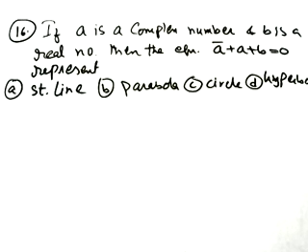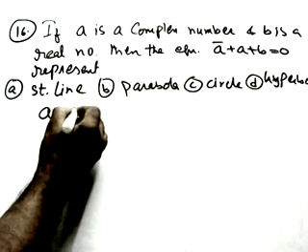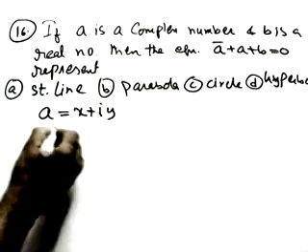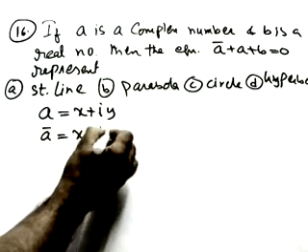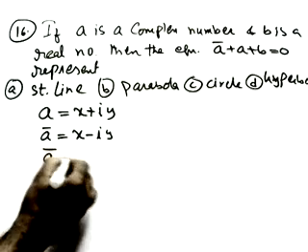Now see here, very easy question. If a is a complex number and b is a real number, then the equation a bar plus a plus b equals 0 represents what? You see here, a is a complex number, so let me take this as x plus iy. Now a bar, we know its conjugate, is x minus iy. Let b be the real number as it is.